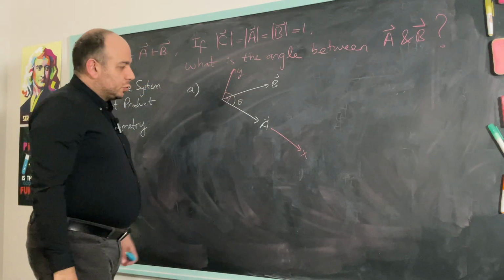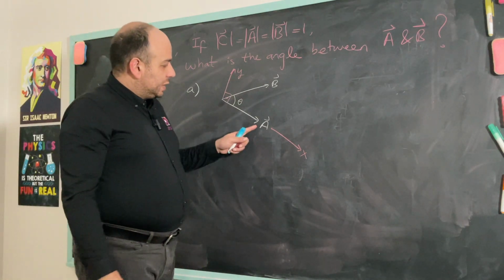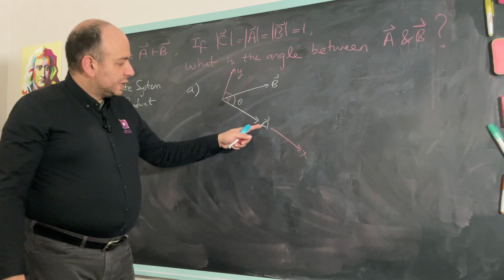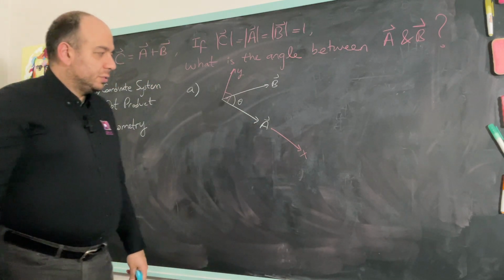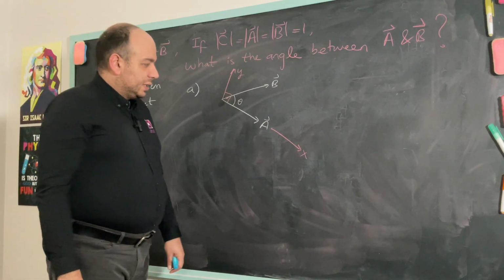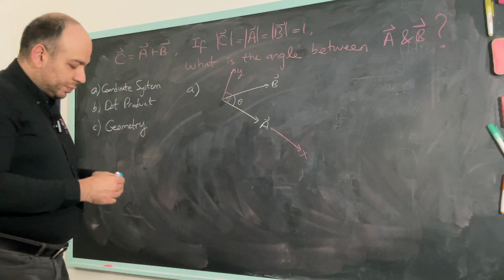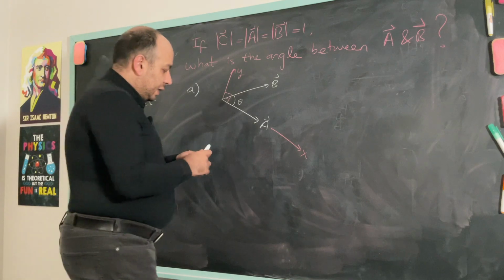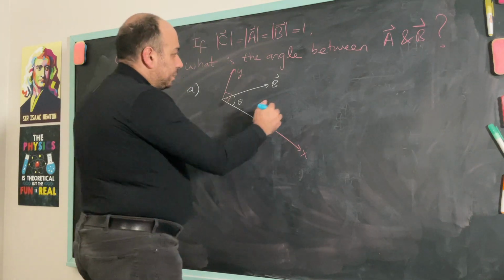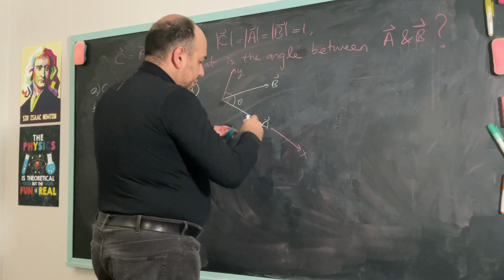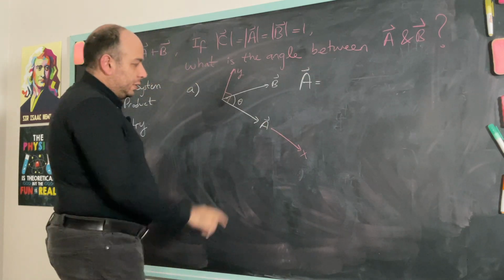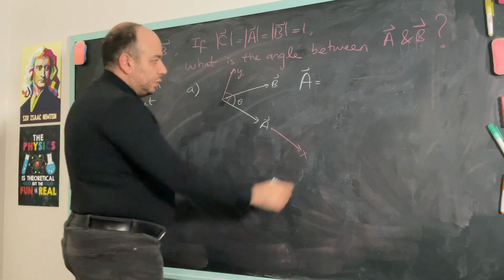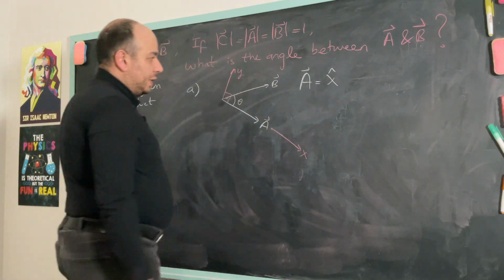Okay, good. So why did I make this choice? Because now with this choice, A will not have any y component, right? And there will be no other angles introduced in the problem. So it's going to simplify the question quite a bit. Here I can find the components of A and B. A is going to be equal to, only has x component, I can call it x hat.